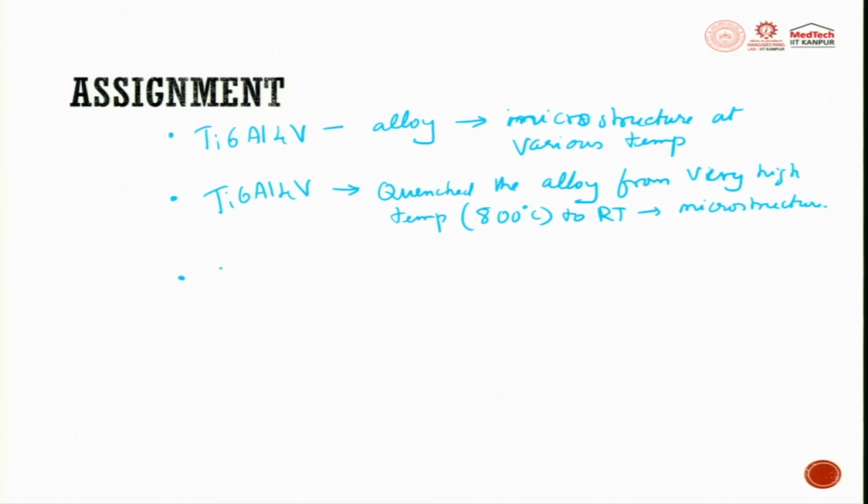Next one, you try to look at Inconel 718, which is exhaustively used for aerospace application. Same thing whatever I have written. So, one is microstructure, structure at varying temperatures versus temperature. Then you try to see a quench cycle.